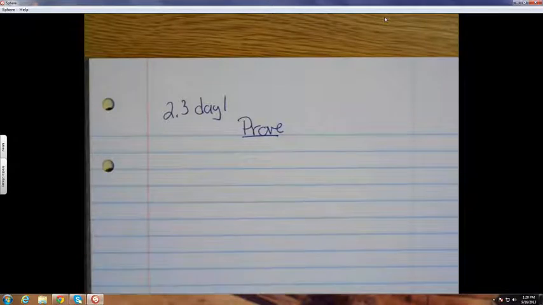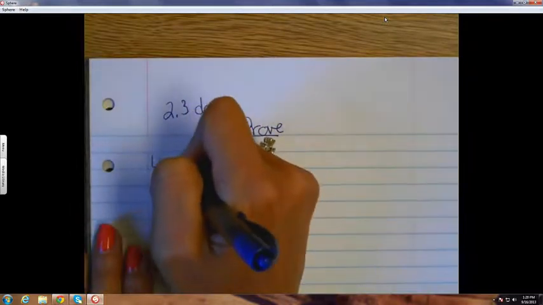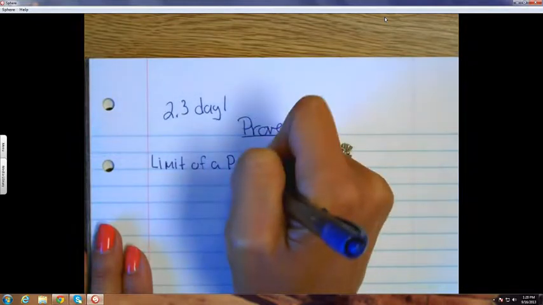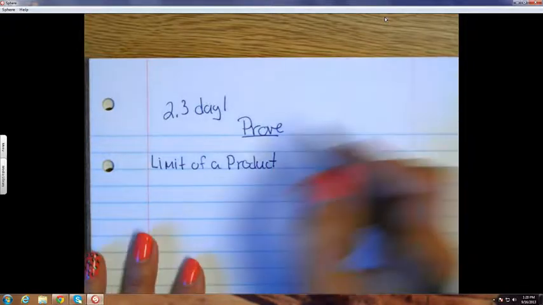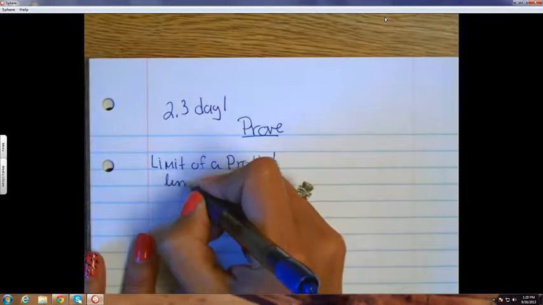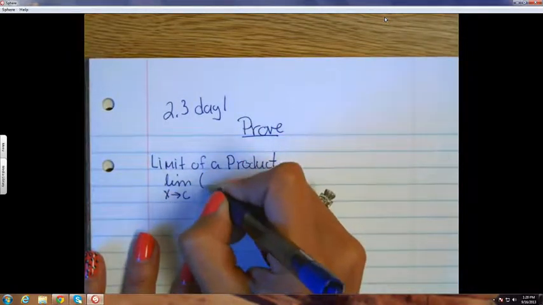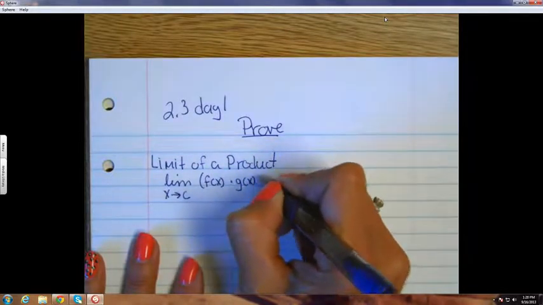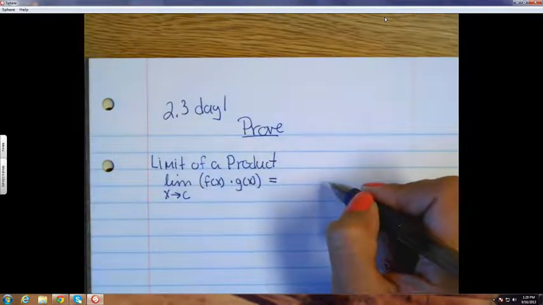Okay, this first part of the notes is kind of obnoxious. It's all the rules. The first one you're going to be using is limit of a product. It says if you have the limit as x approaches c of a product of two functions, that's f of x times g of x, this property allows you to break that up into the product of the separate limits.